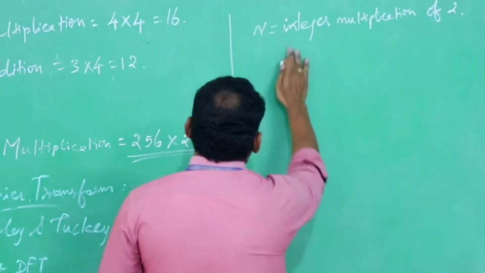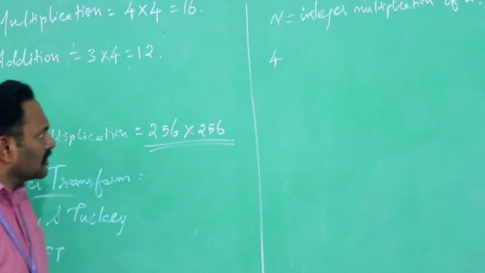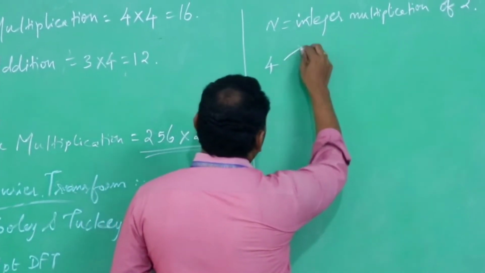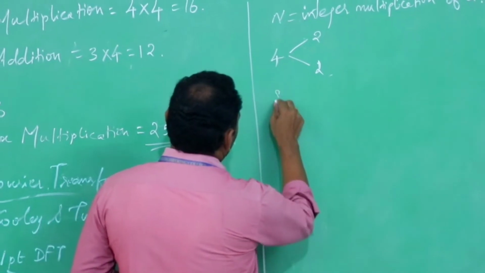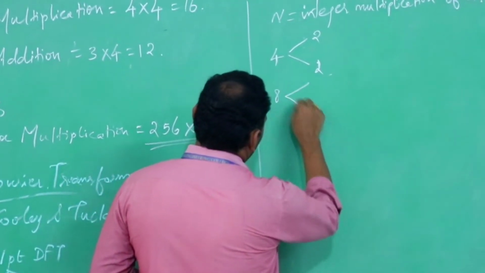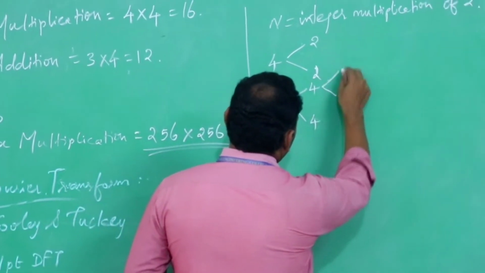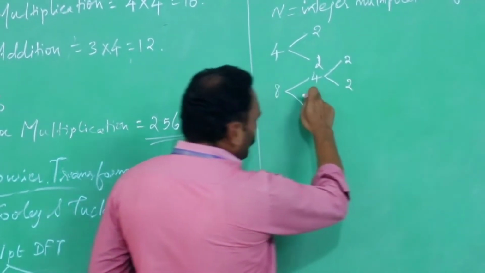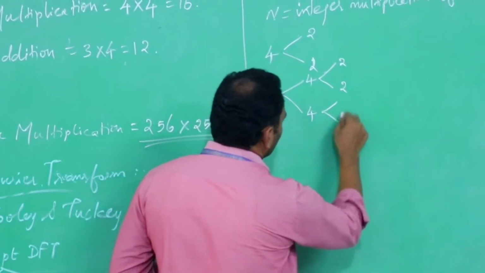Okay. So if you are assuming 4-point computations, we are going to subdivide this into 2-point and 2-point. Likewise, for 8-point, we need to subdivide this into 4 plus 4, and again we are going to use subdivisions, that is 4 we are going to subdivide into 2 and 2.